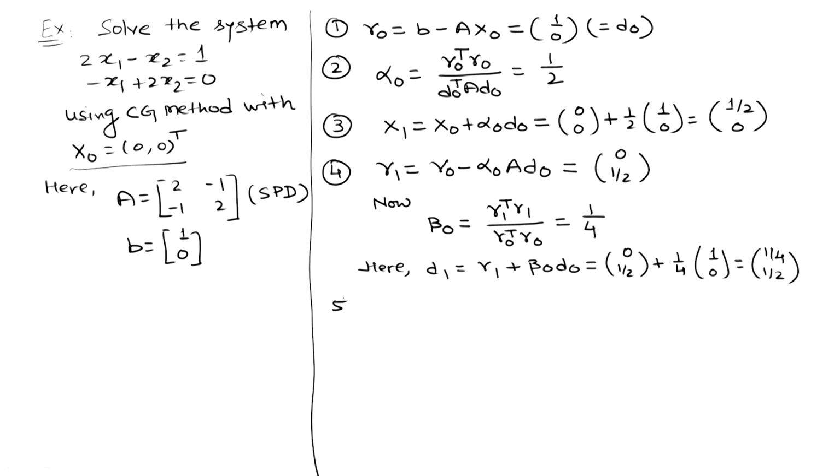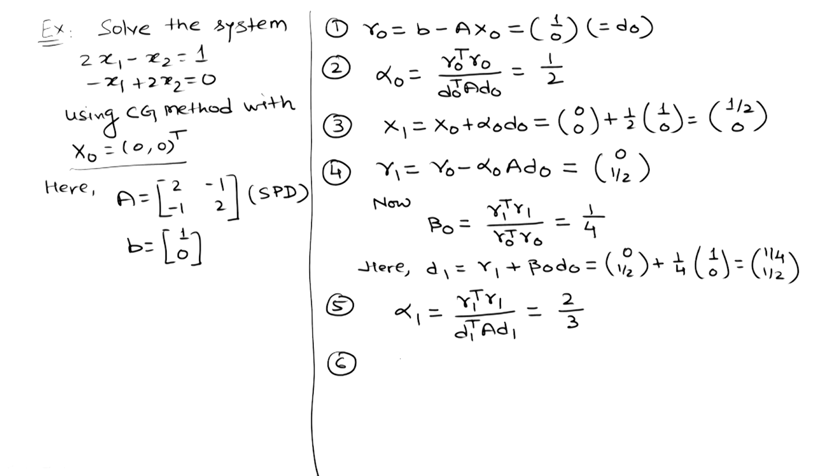Once we have d1, I can calculate alpha1. Again alpha1 will become r1 transpose r1 upon d1 transpose A d1, and this quantity becomes 2 by 3.